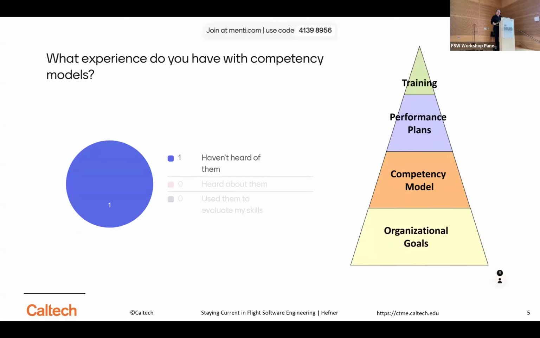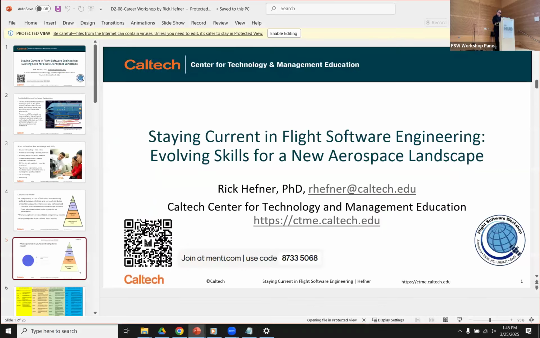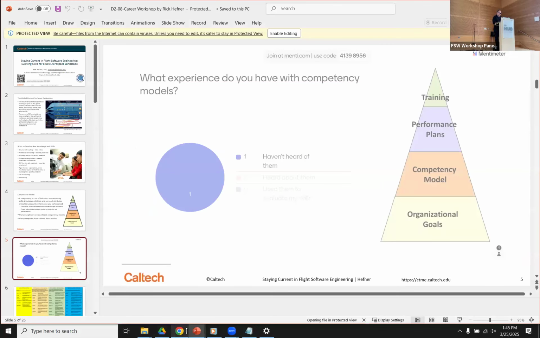So I want to get your feedback here. People can say what experience they have with competency models: you haven't heard of them, you've heard of them, or you use them. I want to make sure my Menti is working, so I don't get any responses real quick. Okay, I'm going to go back and reset, make sure I'm good here.